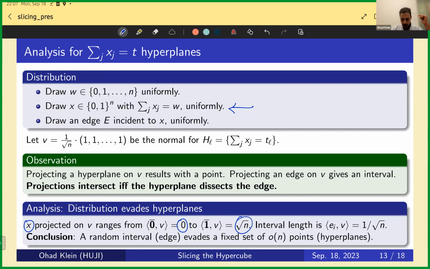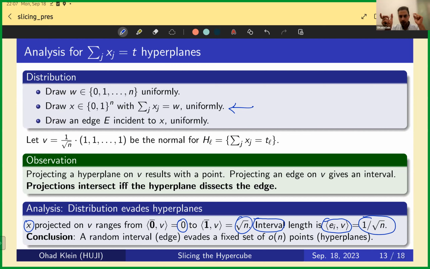The length of the interval that the edge going from x projects to is the inner product between the direction of the edge and V, which is about 1 over square root of n.